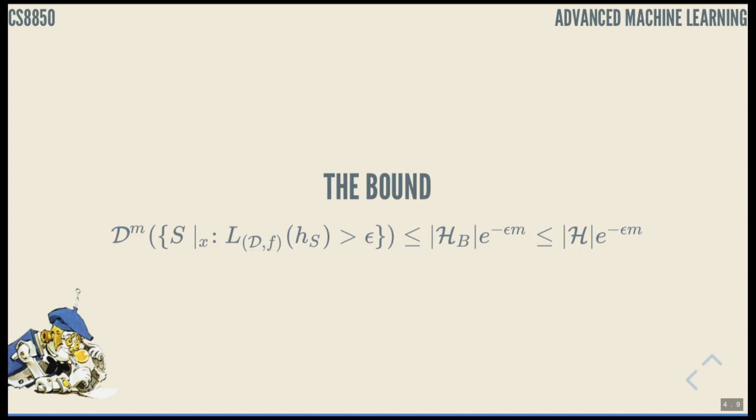So our bound is the following. The question is, what is the probability of randomly ending up with a training sample for which our true loss will be greater than what we want it to be, and that probability is bounded by the size of our hypothesis set times the following factor.